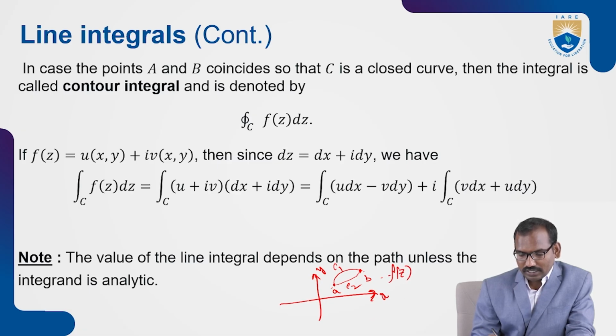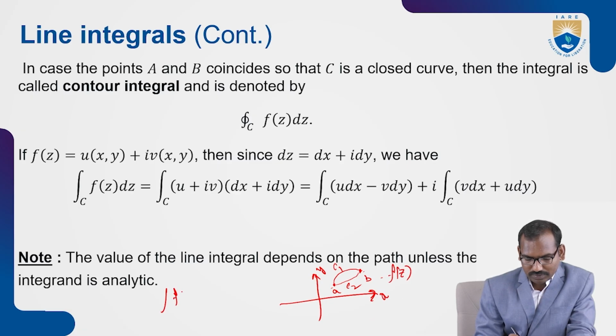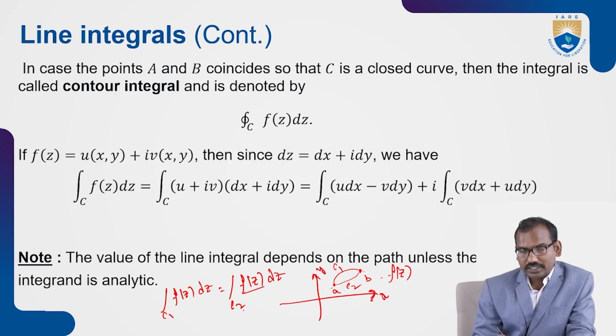In this case, the line integral of f(z) from a to b: the integration of the complex function f(z) along C1 should equal the integration of f(z) along C2. This is possible only when f(z) is analytic.